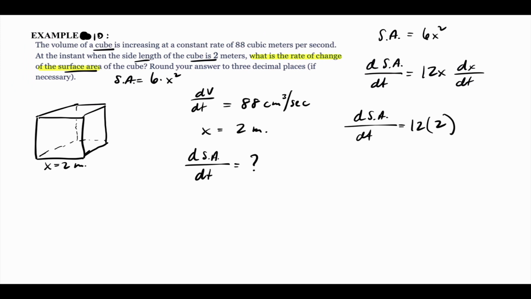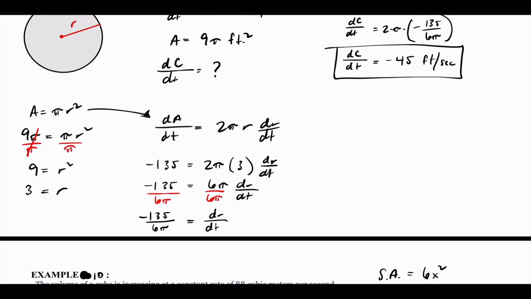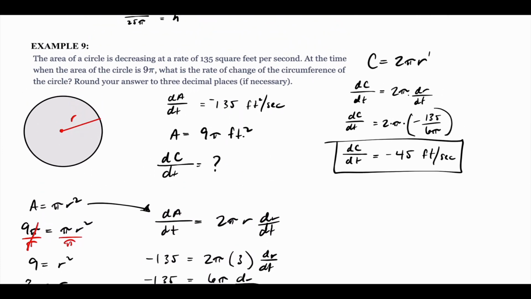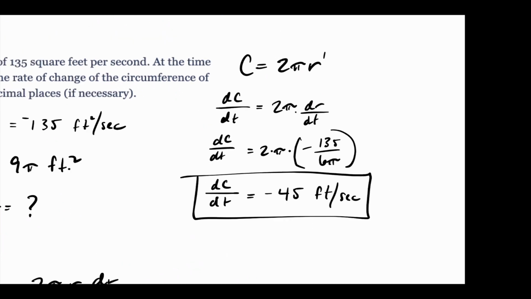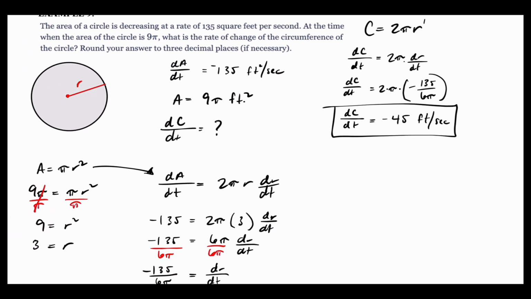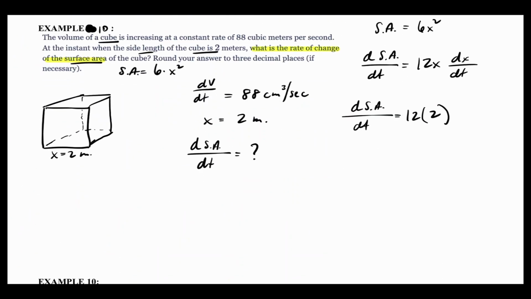We don't, right? So this one's kind of like the question we did at the end of yesterday. We try to plug in things and we're like, uh-oh, we don't have one of the pieces. So what did we do? We used another formula that goes with this one that would help us.